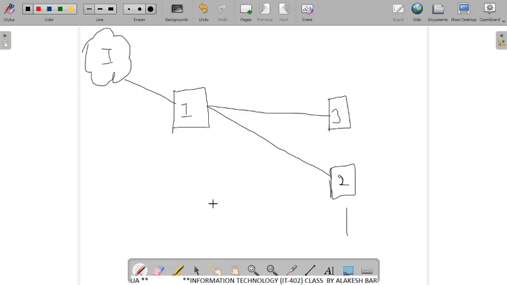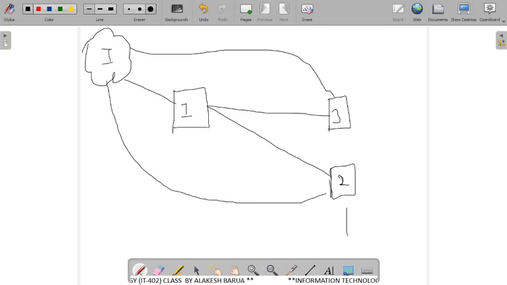If they are not in a network, then this internet again will have to be connected to this computer, then again to this computer, which is not feasible. Also it increases cost: it increases wire cost, it increases labor cost, it increases latency. So these are the problems.